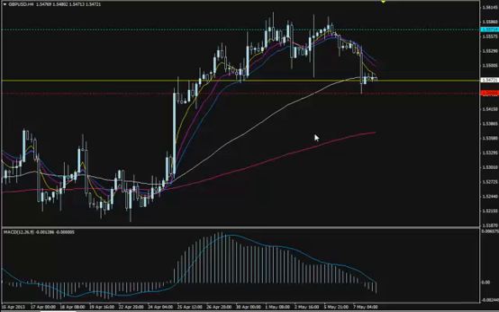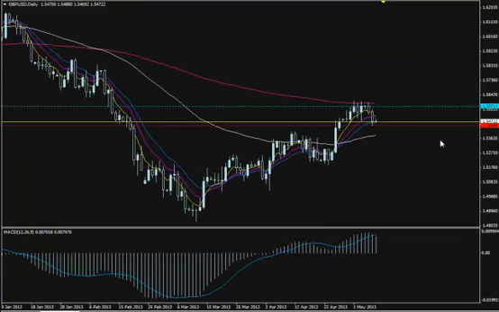Why you should make this correction, although I'm against moving our stop losses, because this way many traders lose money. I insist on making this correction because if we look at the day one chart, we will see that we just had all our conditions met here.